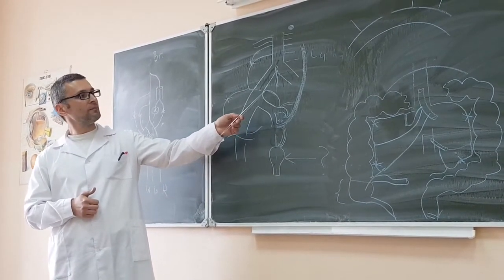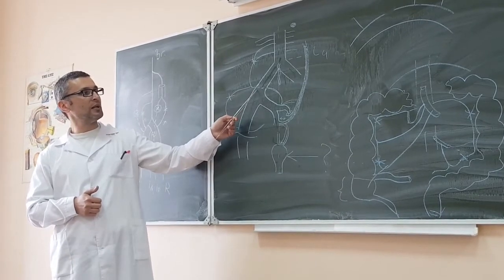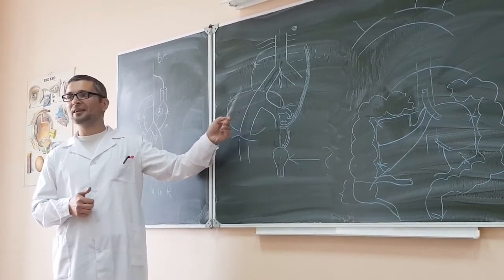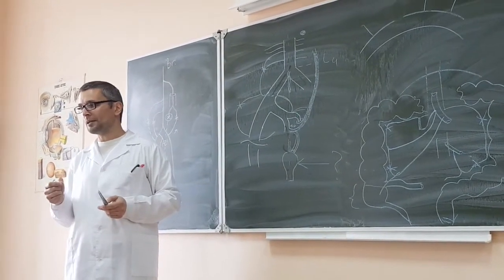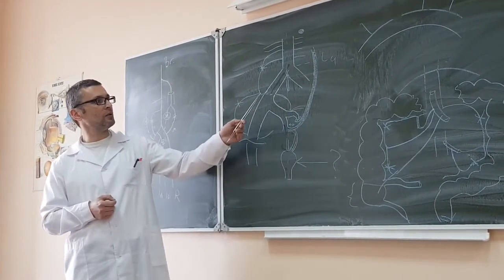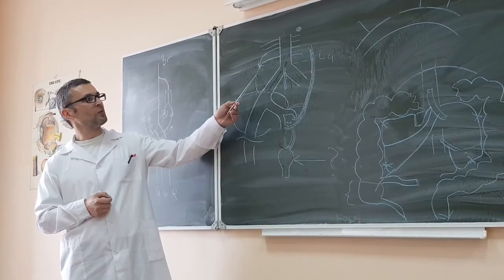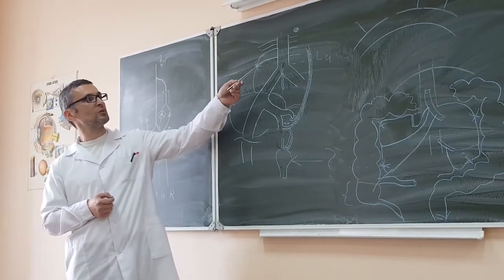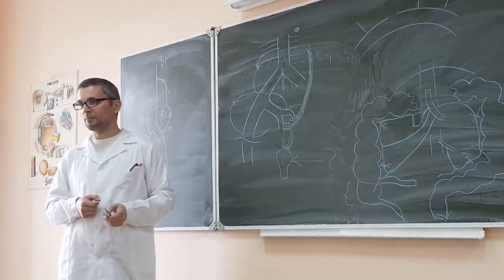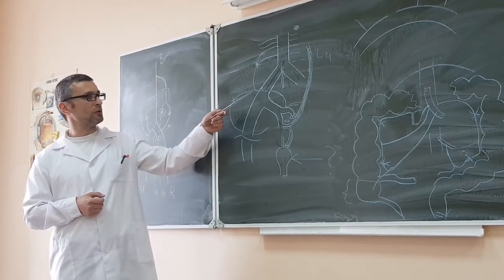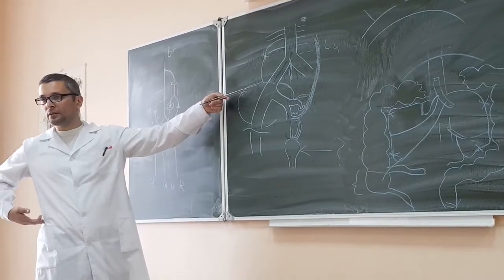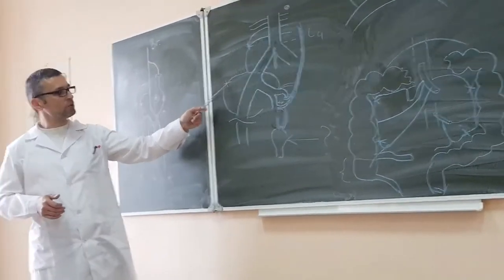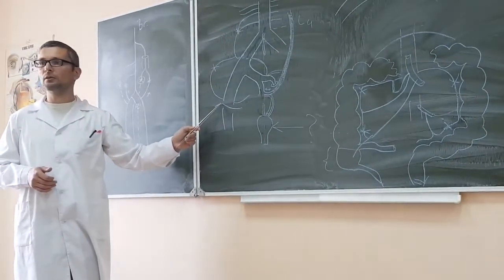It goes laterally, just behind the common iliac artery, and then it is divided into two branches. Logically, it is divided into ramus lumbalis, which ascends and anastomoses with arteria lumbalis from the abdominal aorta, and another branch called ramus iliacus, which goes to the region of the iliac crest and anastomoses with which artery? How is it called?